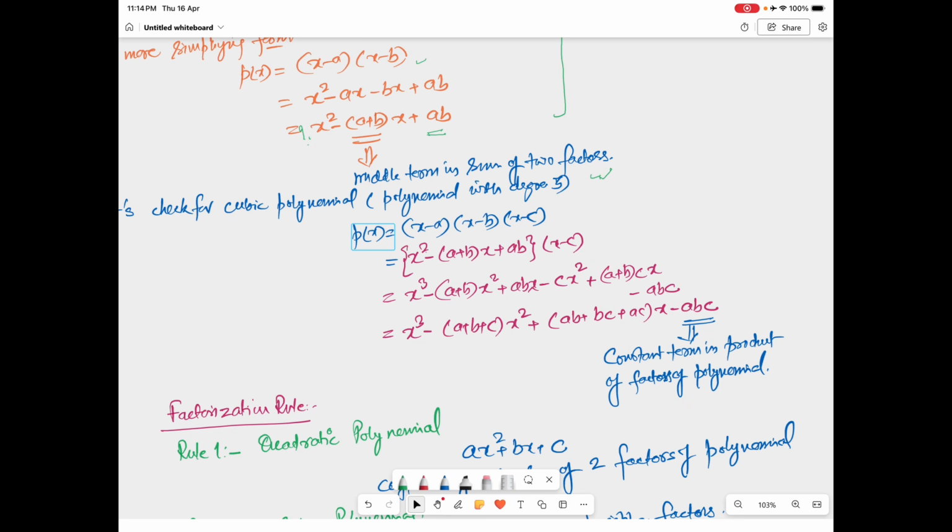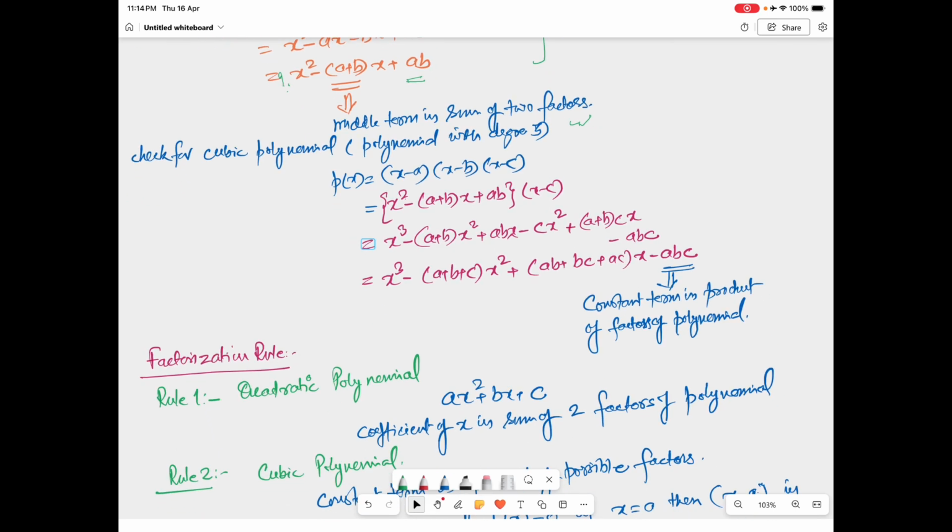So the last term, which is the constant term, will carry a, b and c, that is the product abc. If I factorize the last term, I will get the roots of the polynomial, and then I can factorize into x minus a, x minus b and x minus c. This is very important because I will make use of this to factorize a cubic polynomial.